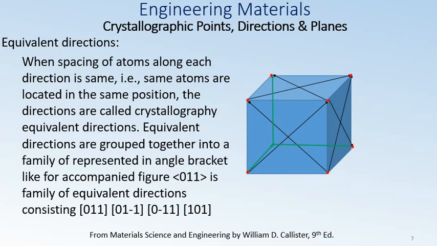Equivalent directions are grouped together into a family represented in angle brackets, for example as shown on this slide. 0, 1, 1 is a family of equivalent directions that consists of 0, 1, 1, 0, 1, minus 1. Okay, you can also put minus 1 with a bar on top of the 1, just like we put a vector arrow, and 0, minus 1, 1, 1, 0, 1. Okay, these are the family of directions. This concept is of course applicable to other crystal systems as well. It's not just for cubic crystals.